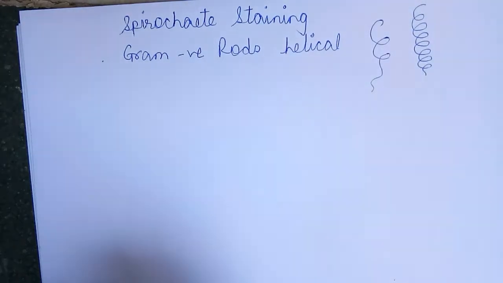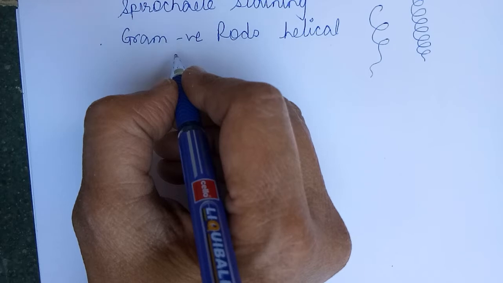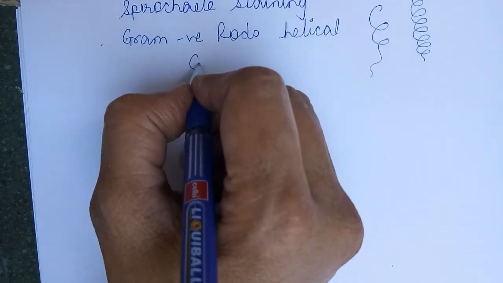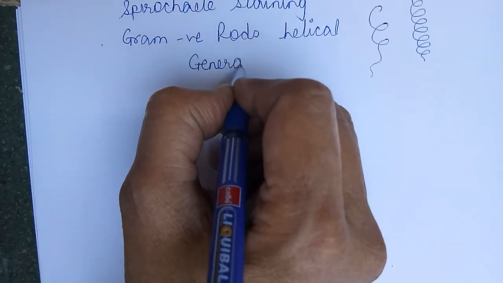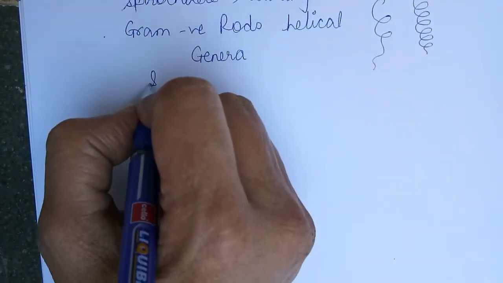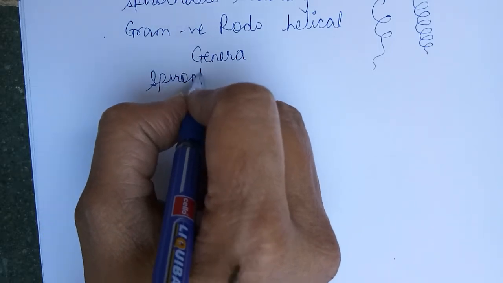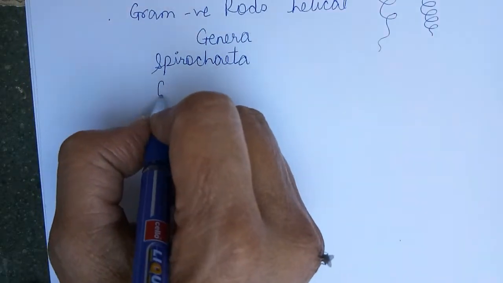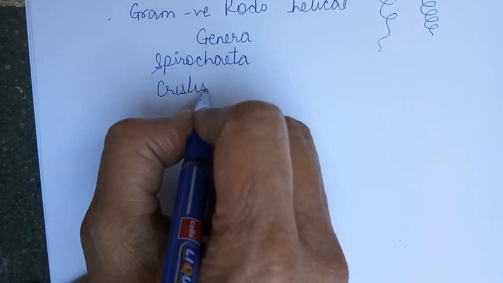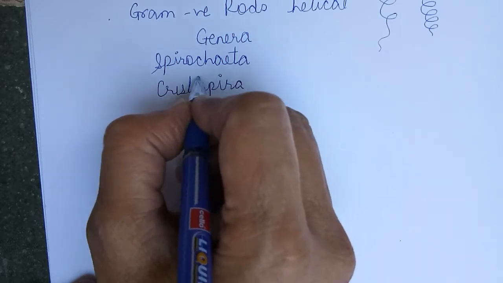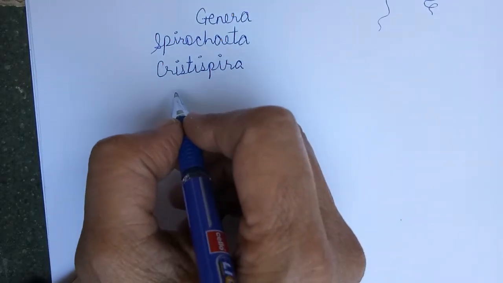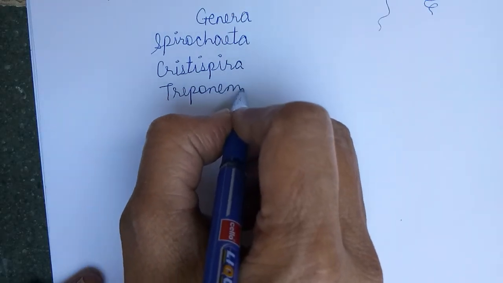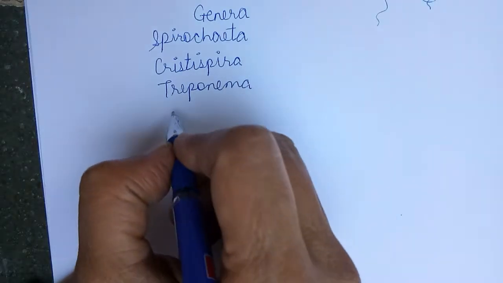Okay. There are several genera of spirochete bacteria. The very first is Spirocheta, the second is Christispira, the third is Treponema, and the fourth is Borrelia.